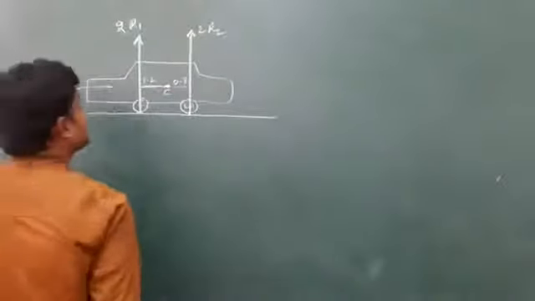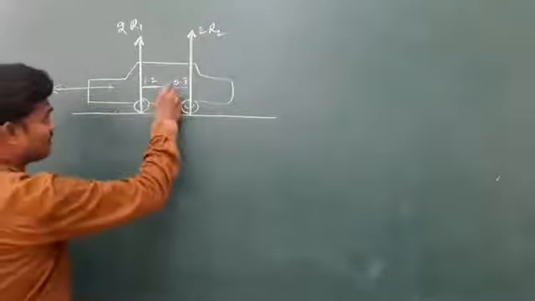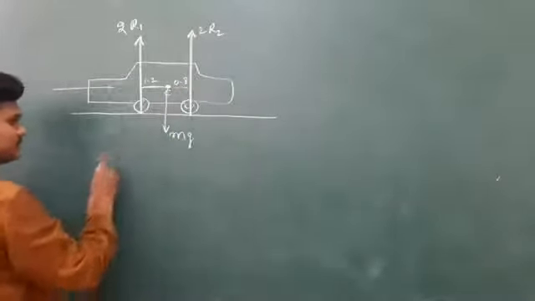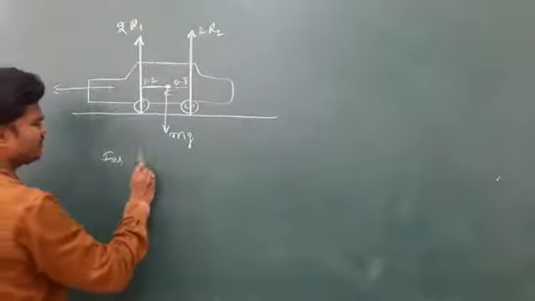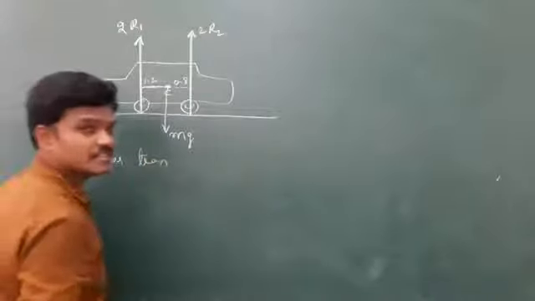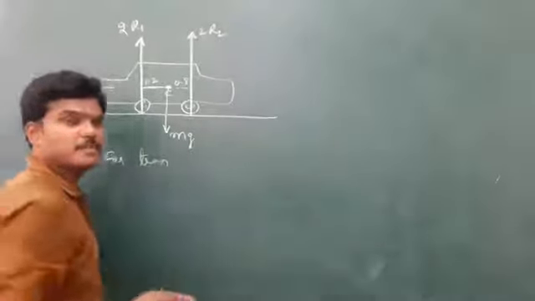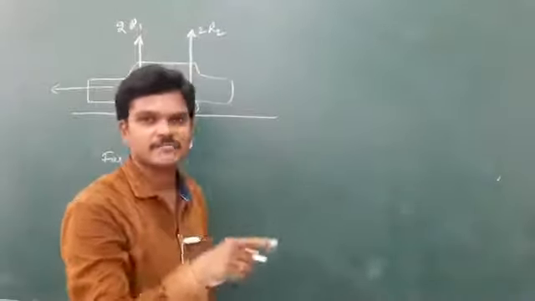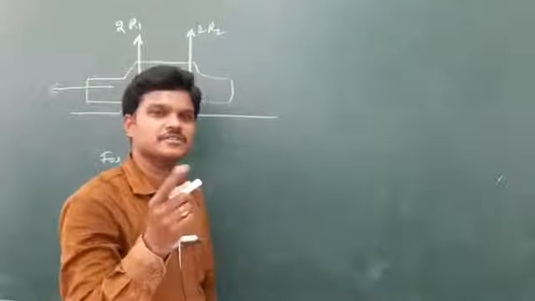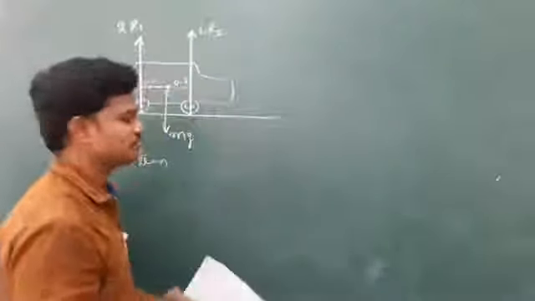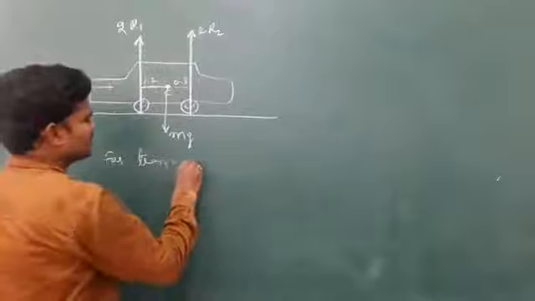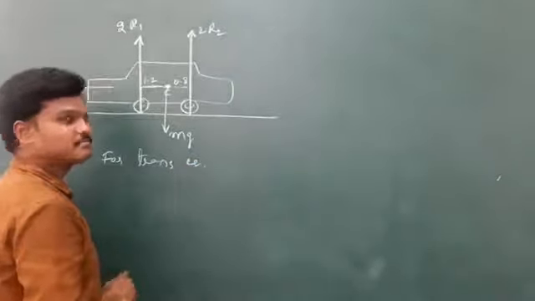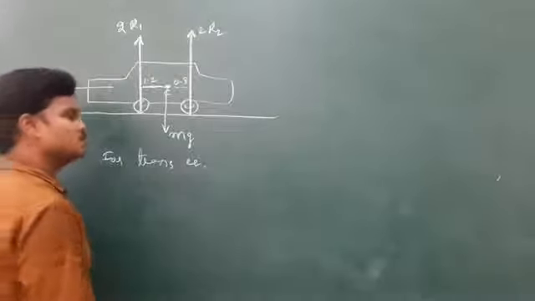Let us take, see, the weight of this car anyhow acts downwards. Use two conditions. For translational equilibrium, we get one equation, and taking the torque about any point, you will get another equation. Solve the two equations and you will get the final answer. So for translational equilibrium, upward forces are equal to downward forces, otherwise the sum of all the forces is equal to 0.